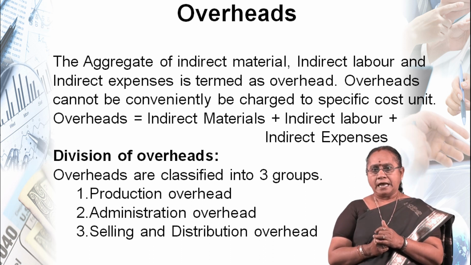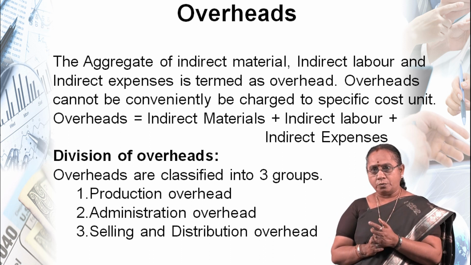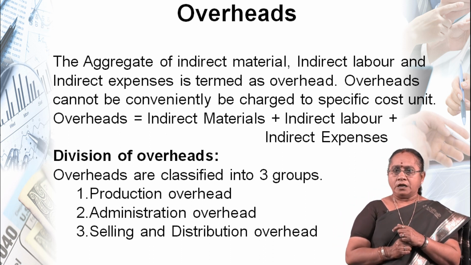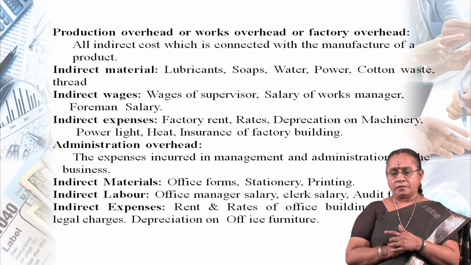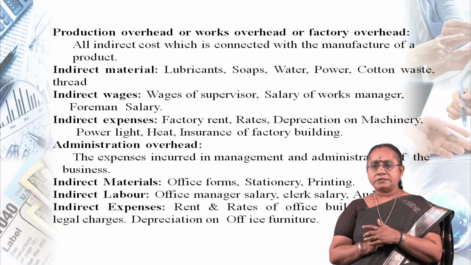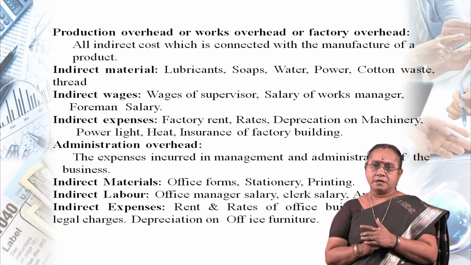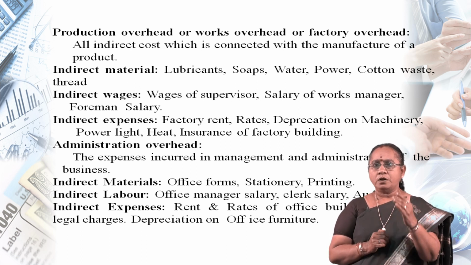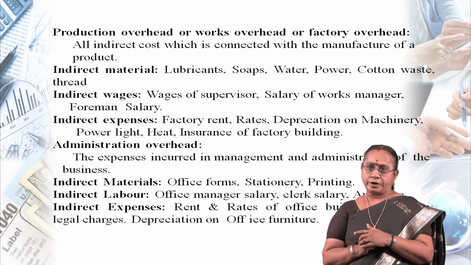This overhead can be classified into three: production overhead, administration overhead, and selling and distribution overhead. Generally, production overhead is all indirect costs, other than direct expenses and direct material, which are connected with the manufacture of a product.